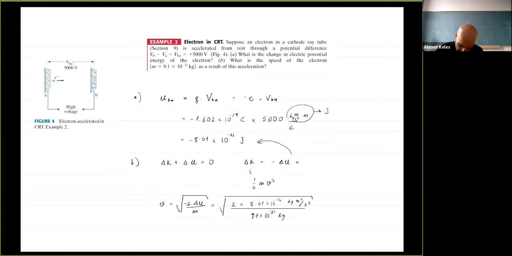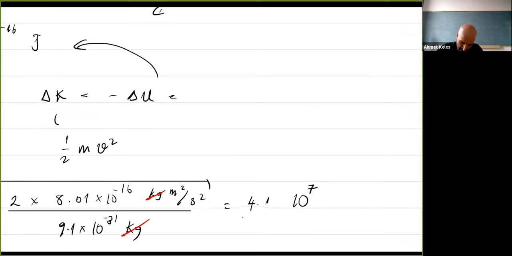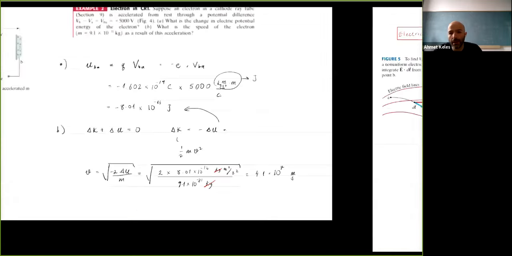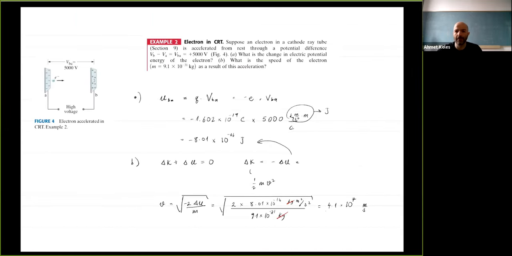So I can cancel kilograms, and if I take the square root, it's meter per second. So the units check. Let me calculate this: 4.1 times 10 to the 7 meter per second.